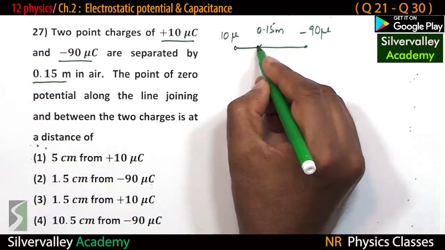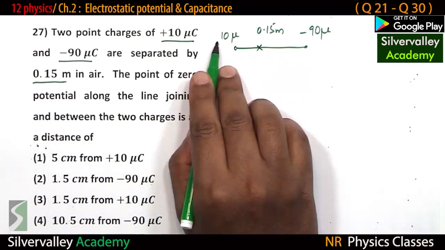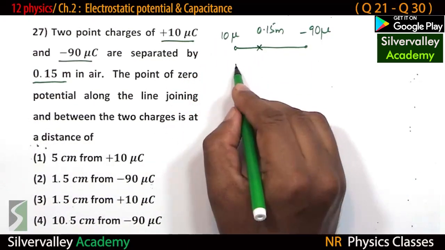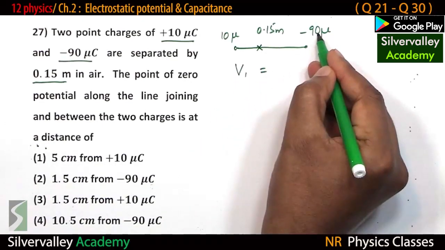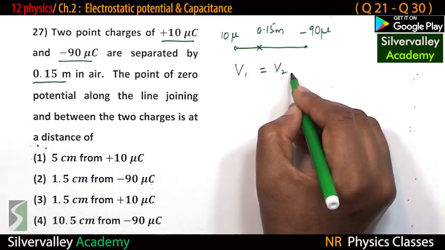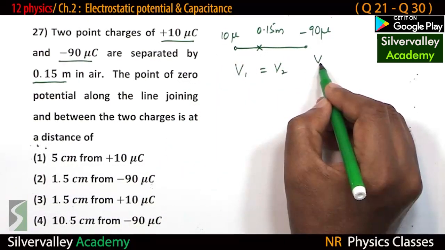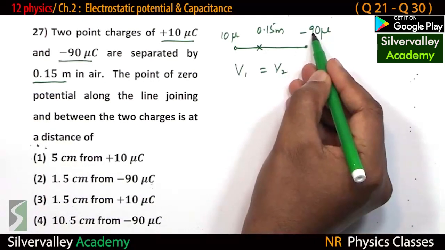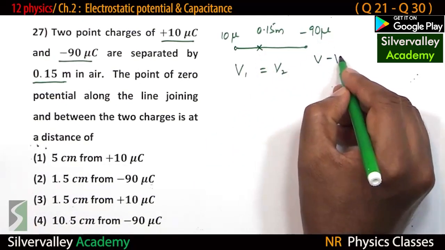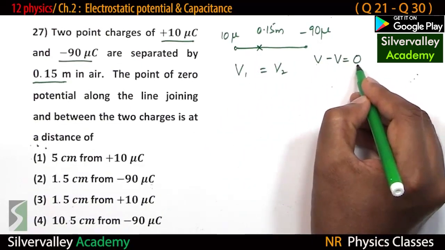Let this be the point where potential is 0, meaning potential due to 10 micro equals potential due to minus 90 micro. Potential due to 10 micro is V. Potential due to minus 90 micro is minus V. If it is minus V at this point, then the resultant potential is 0.